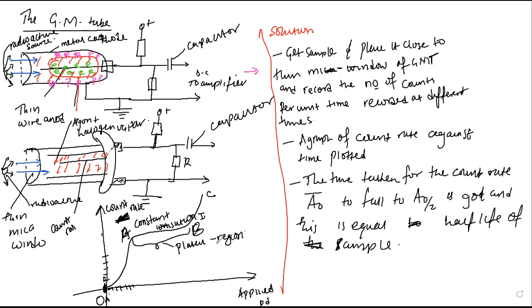They normally ask a question, which is like this. Write down this question: Explain why the GM tube is best operated in the plateau region.